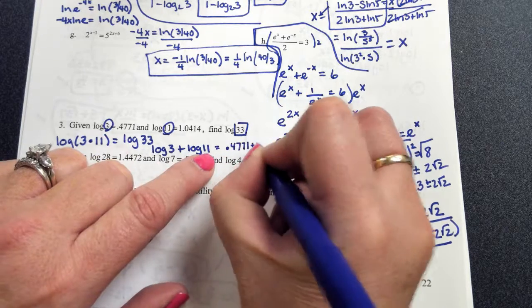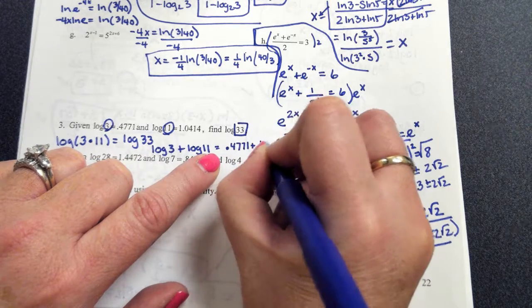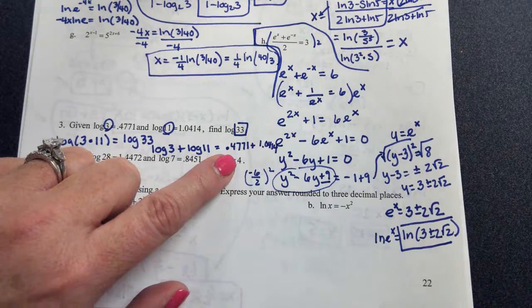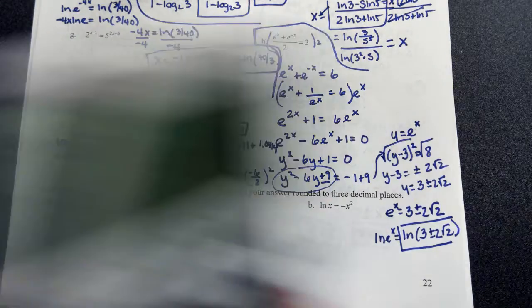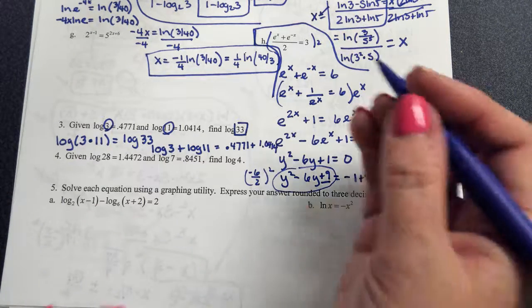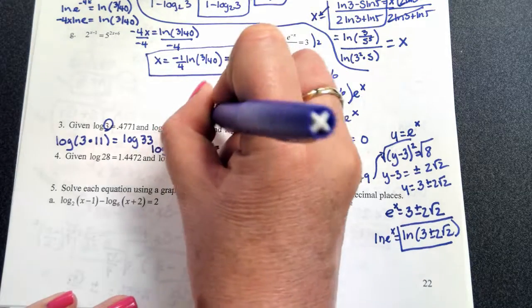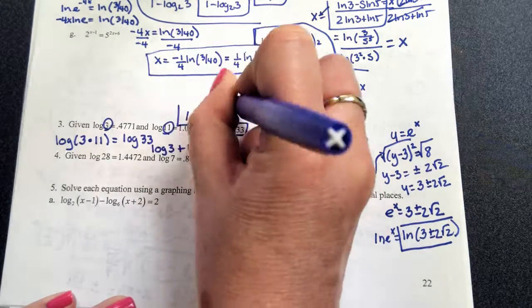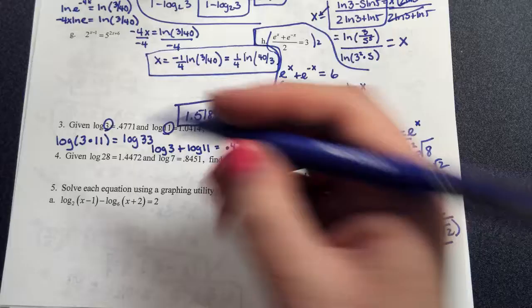And what's log of 11 equal to? 1.0414. So now all you have to do is add 0.4771 to 1.0414. So just a review of those properties. So it gives me 1.5185. You guys go ahead and try number 4 on your own.